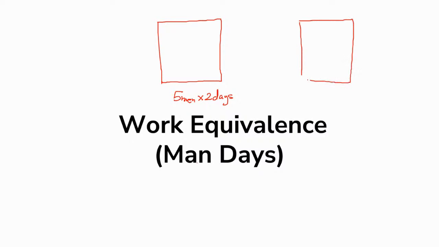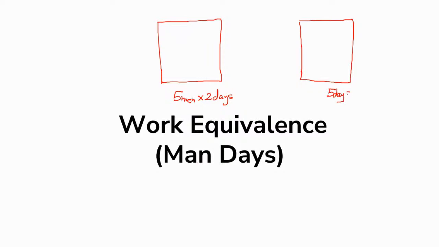Generally what happens is, for example, if I'm trying to construct a building here, and this building is being constructed by 5 men in 2 days. And I want to construct a similar building over here, but I need to complete that building in 5 days.